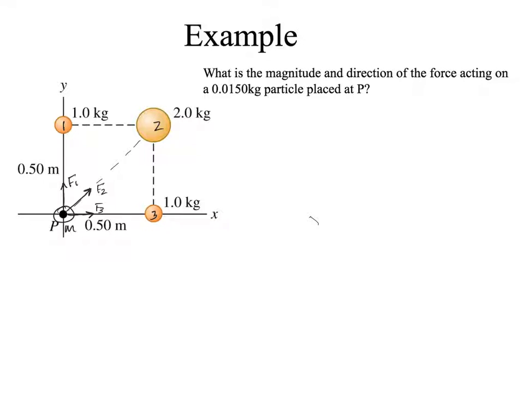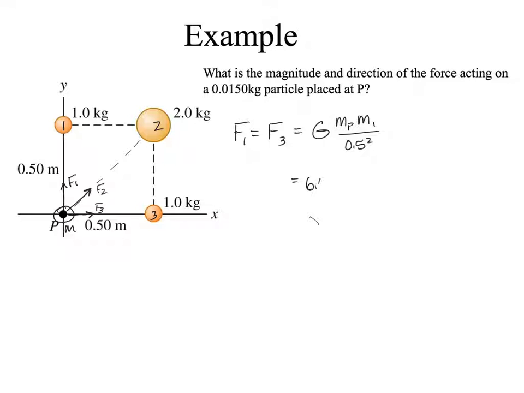So one of the things we might notice is mass 1 and 3 are actually the same mass, and they're also located the same distance away from the mass that's at point P. So we could actually right away realize that F1 is equal to F3. And that's going to be equal to G, the mass at P, times those other masses, 1 or 2, it doesn't matter, over 0.5 squared.